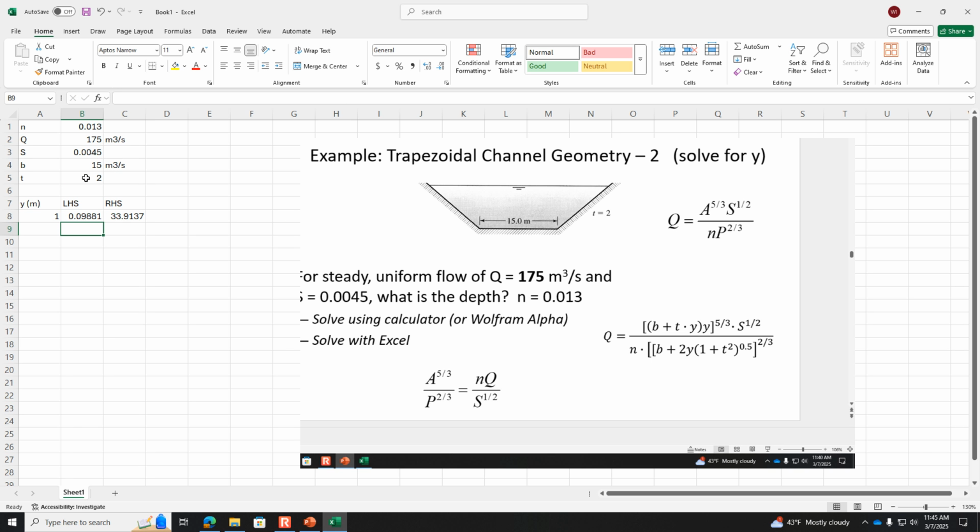All right. So what this is saying is, if the flow depth was 1 meter, then the left-hand side of the equation is 0.09. So what I want is the left-hand side and the right-hand side to be equal, and they are not equal. So I just need to constantly change the y value until the difference is 0.